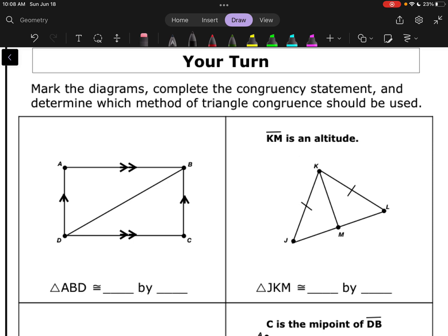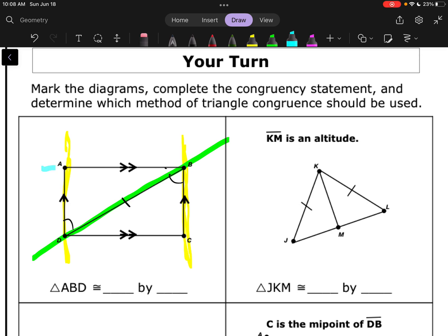Okay, so this first one should have marked the reflexive side. And then you got two sets of parallel lines. This is kind of wild. So for the first one, if this is parallel to this, using this as our transversal, you should have marked these alternate interior angles.